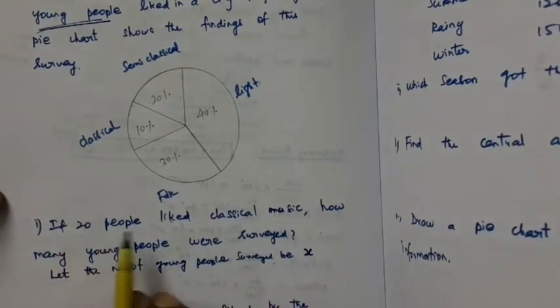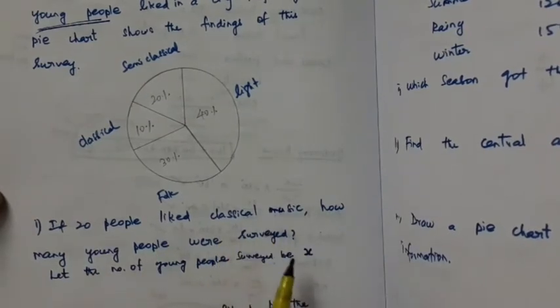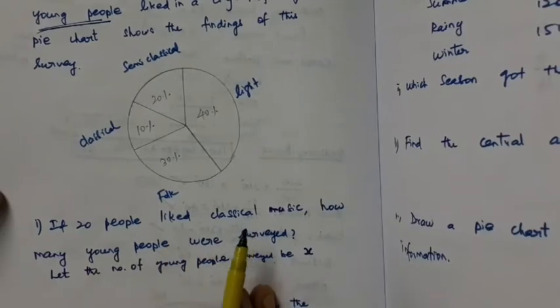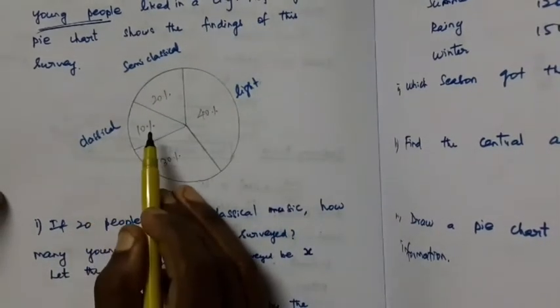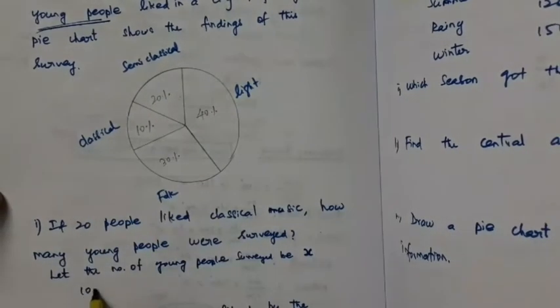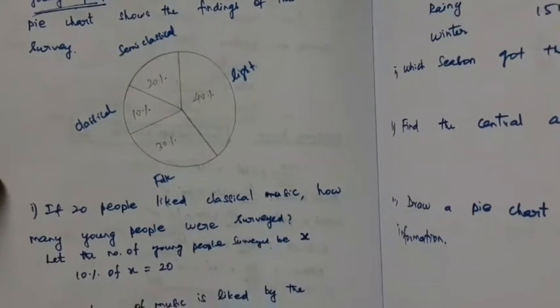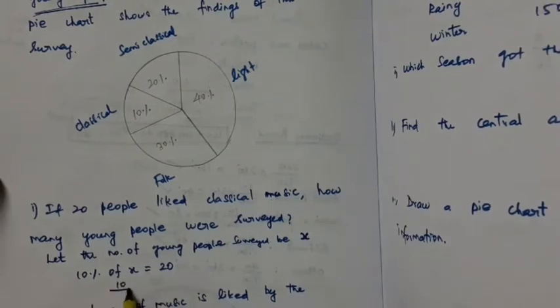So 20 people liked classical music. Out of this total X, 20 people like classical music. Classical music is 10%. So 10% of X is 20. Now from this we have to find X. So 10 divided by 100 multiplied by X is 20.